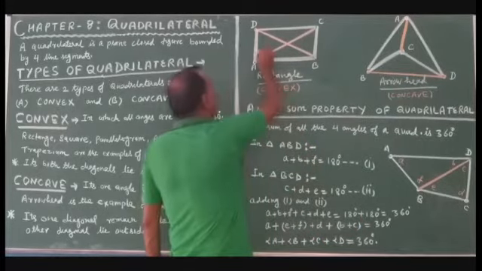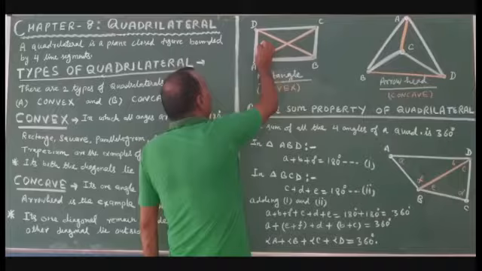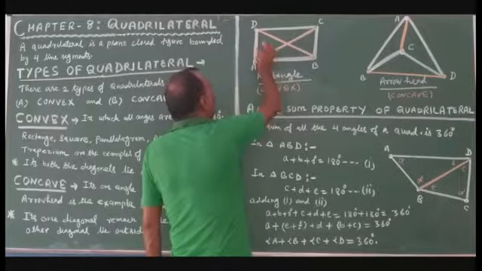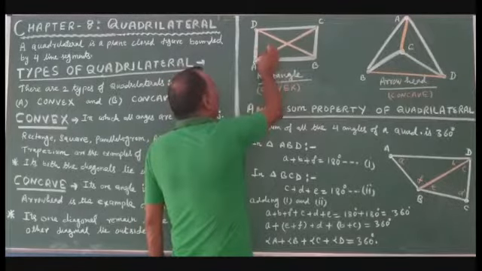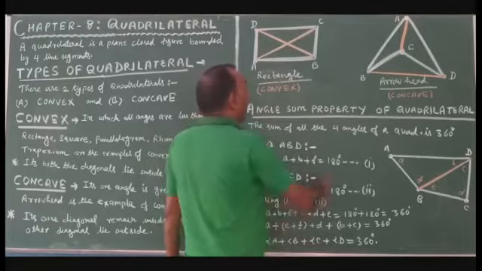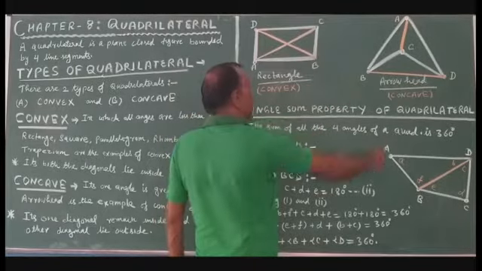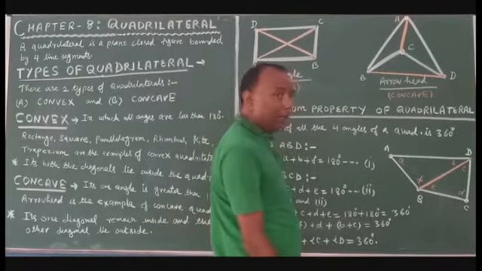What do you observe? In the rectangle, angle A is less than 180 degrees. Also angle B is less than 180 degrees.